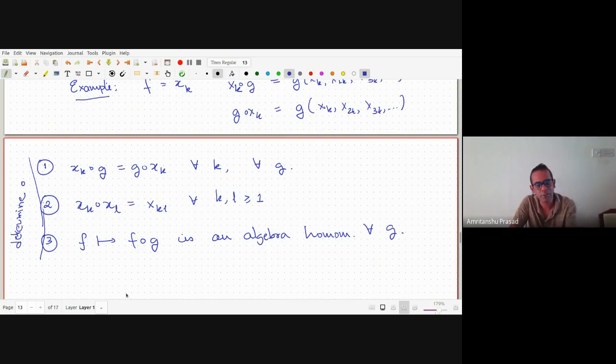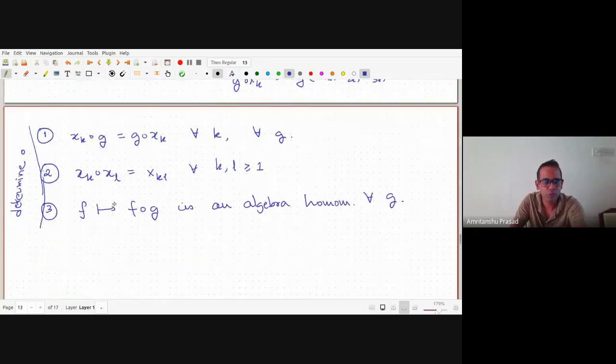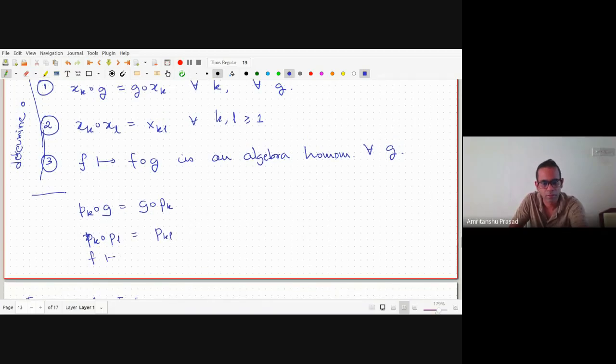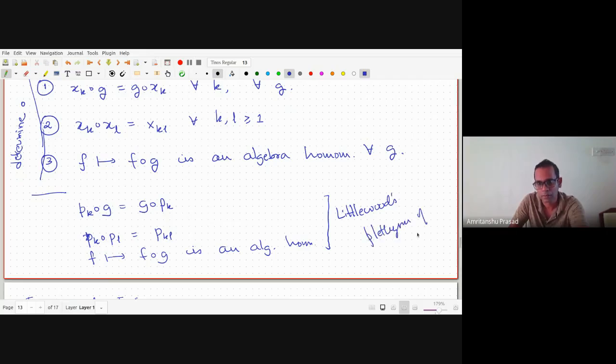These rules completely determine this operation of circle. And if you just replace xk by pk, and do this thing on symmetric functions, then you get an operation that was defined by Littlewood called Plethysm.